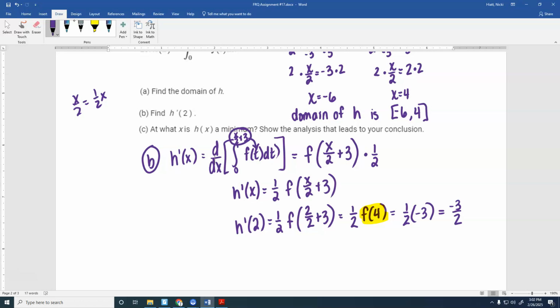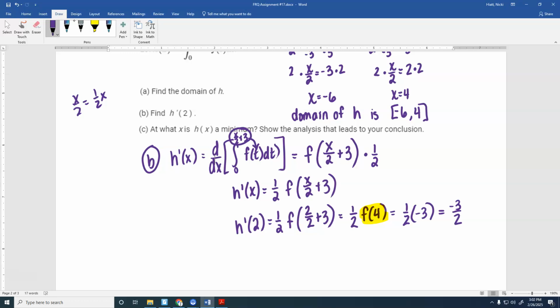First of all, we're looking for a minimum, and this one does not say relative minimum. If it does not say relative, it means absolute. And this is on a closed interval.